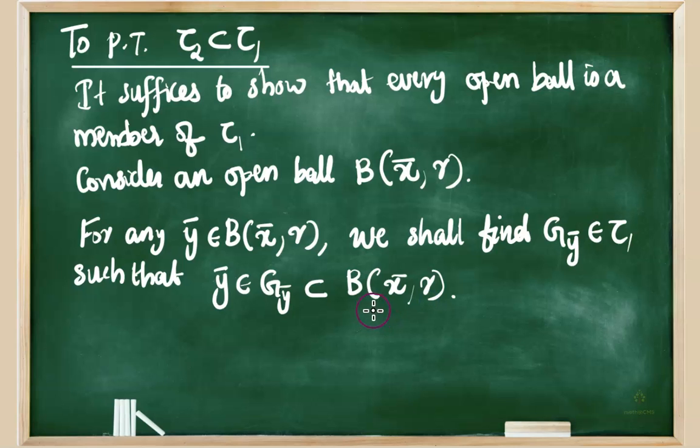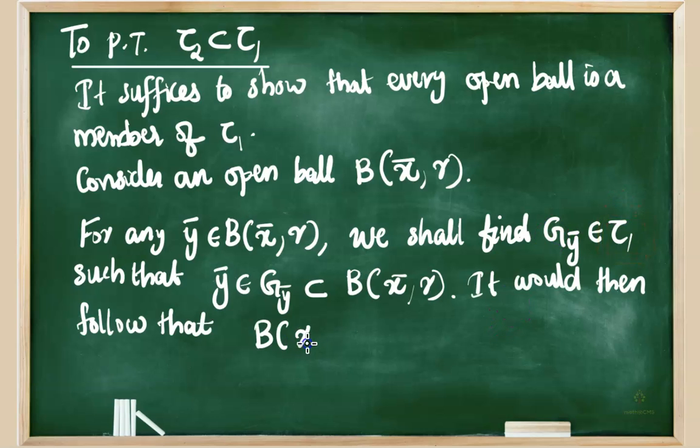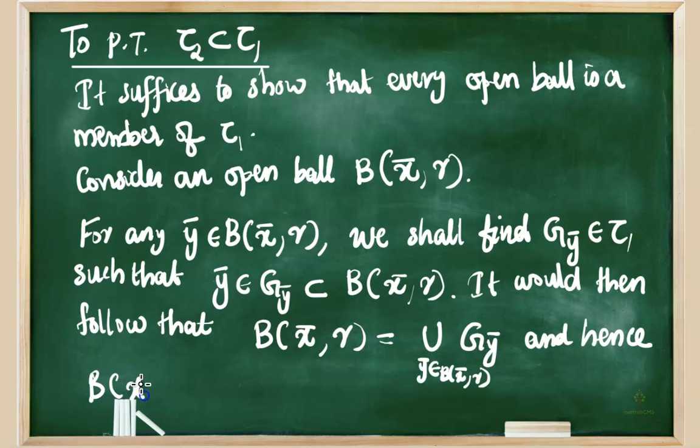That is, we are going to show that this B(x bar, r) is a neighborhood of y bar with respect to τ1. Then we can conclude that B(x bar, r) is equal to the union of such open sets, and hence this set B(x bar, r) is open with respect to τ1. So we will need to prove the existence of such an open set G_y bar which satisfies this condition.